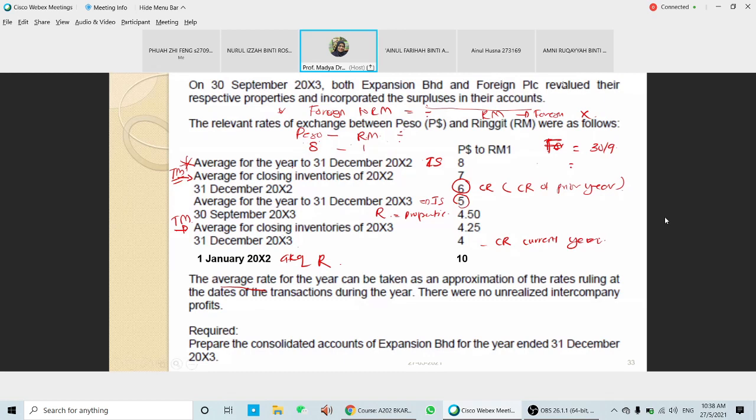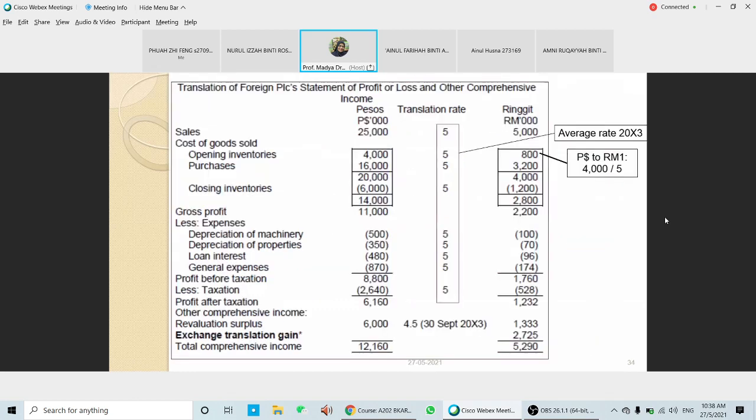Okay, now we're going to prepare the consolidated account. Before we prepare the consolidated account, we need to translate your income items first. The first financial statement that we translate here is the P&L, profit and loss. So we only focus on the foreign figures here.